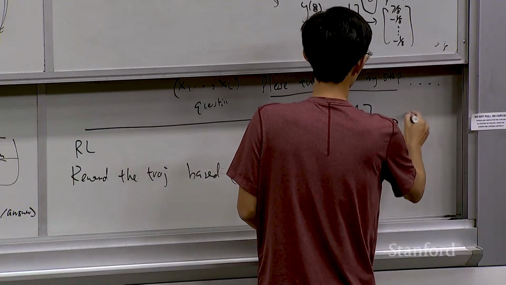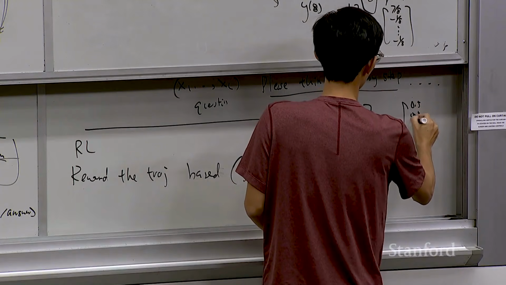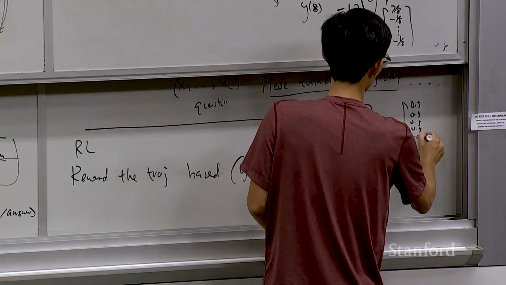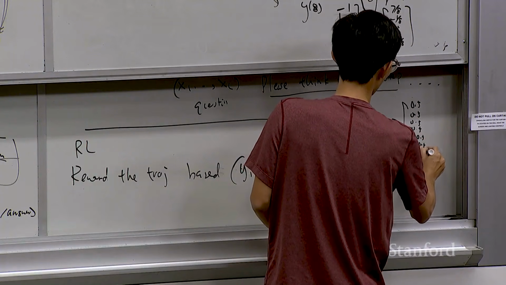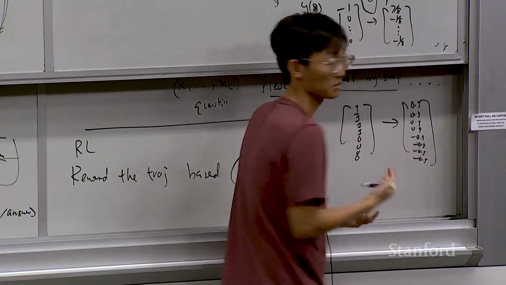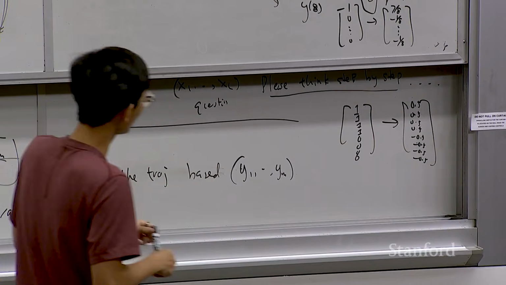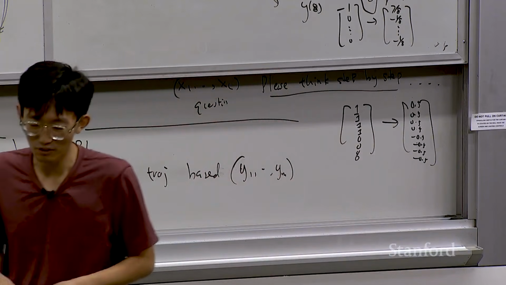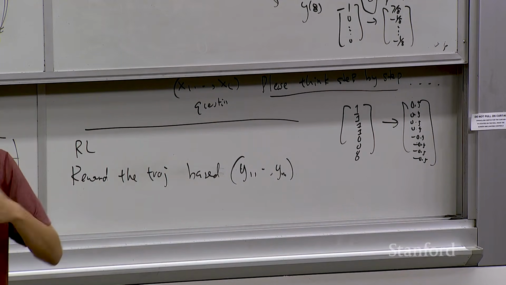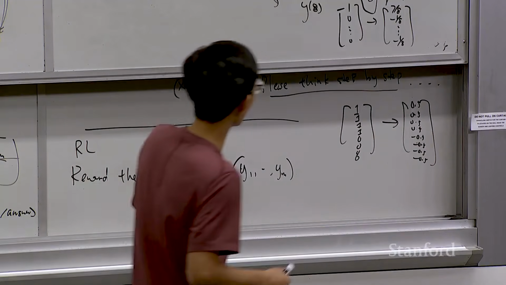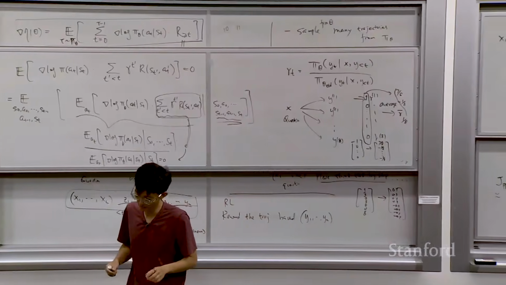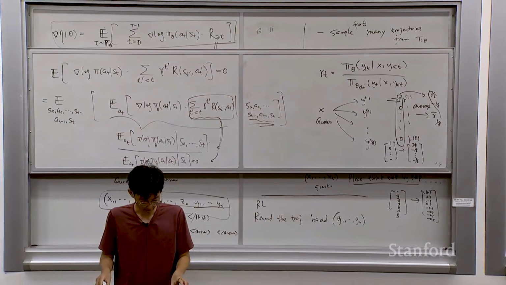Then they will be adjusted to 0.5, 0.5, 0.5, 0.5, minus 0.5, minus 0.5, and so on. That's the adjustment you do. There are actually other ways to adjust it even further. You can divide by the standard deviation as well, so that you can scale up a little bit. But maybe let's leave those for future offline reading.